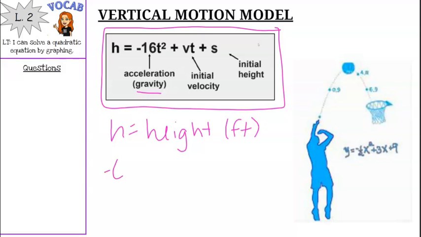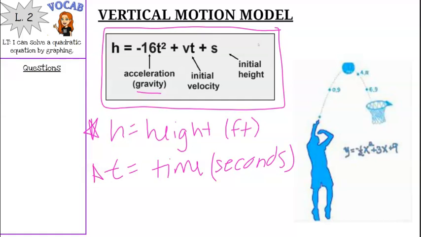And t represents time in seconds. So this equation is going to tell you, if you throw a ball in the air, or a paper airplane, or you toss something, and it makes that parabola shape, how high is it going to go, and how long is it going to be in the air?